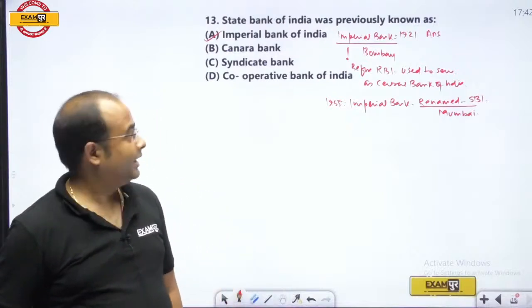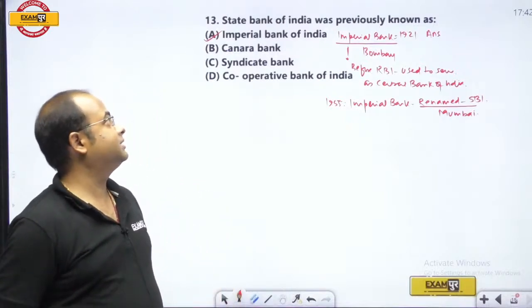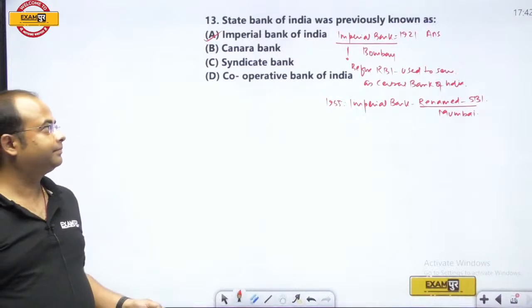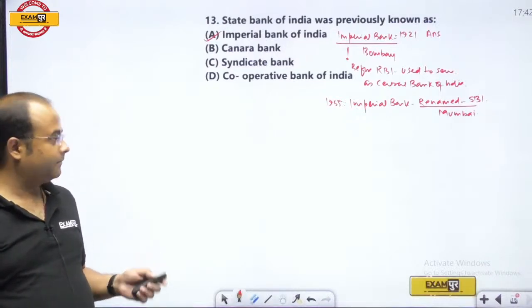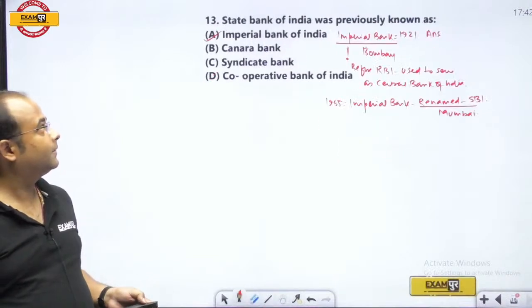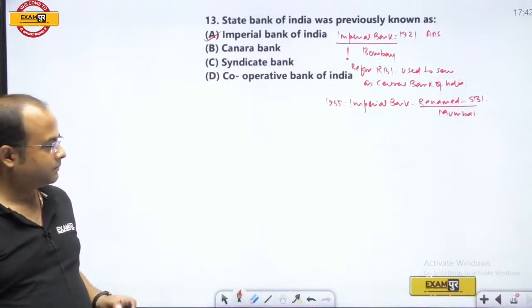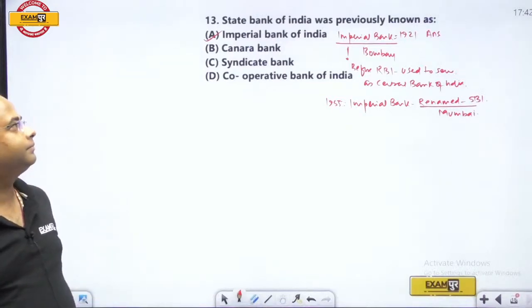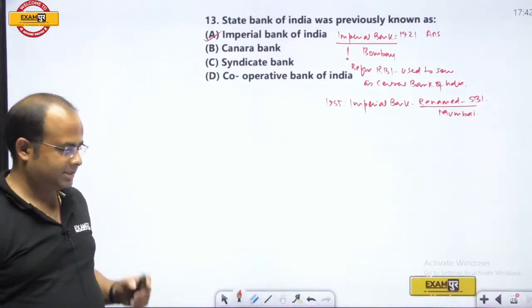Okay, so the correct answer will be, guys, option A, that is Imperial Bank of India. I think it was the last slide.